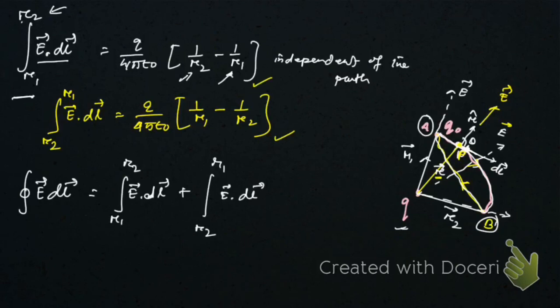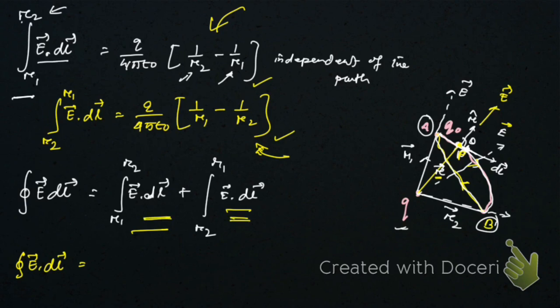So this is equal to this one and this one is equal to this. So the closed line integral of E dot dl is equal to, if you put the values here, q by 4 pi epsilon naught taken common, then within the bracket you will get 1 by r2 minus 1 by r1 plus 1 by r1 minus 1 by r2.